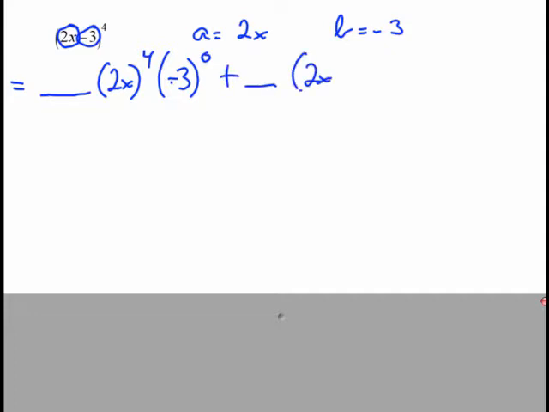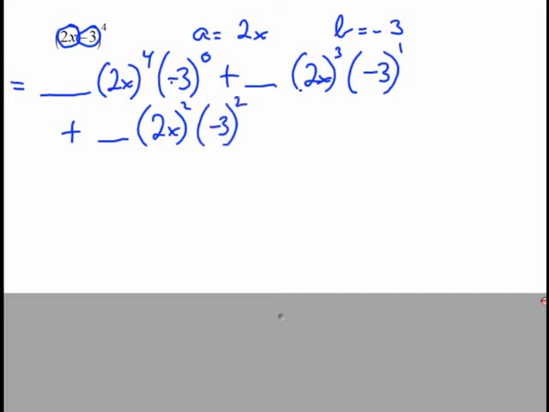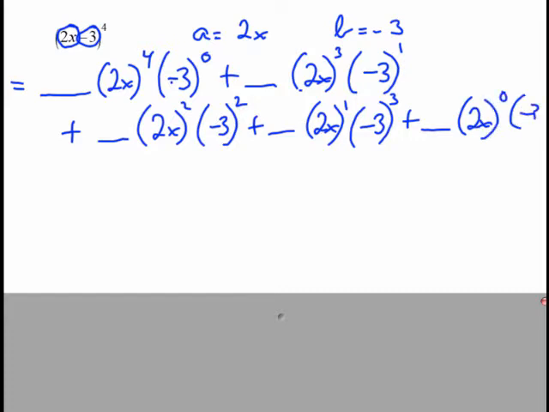Next term, the powers of 2x are decreasing, powers of negative 3 are increasing. And then our blanks will be the 4 chooses. 4 choose 0, 4 choose 1, 4 choose 2. And I'm just going to take those from Pascal's triangle. Those values will be 1, 4, 6, 4, and 1.